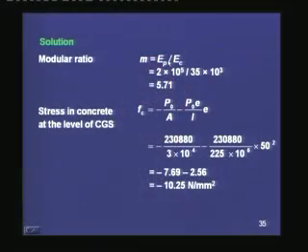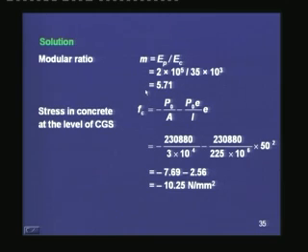And now we are calculating the drop in the pre-stress due to each of the long-term losses, and then we shall try to find out an estimate of the total drop in the pre-stressing force. We are calculating the modular ratio, which is the ratio of the modulus of the pre-stressing steel and the concrete, and that is equal to 5.71.